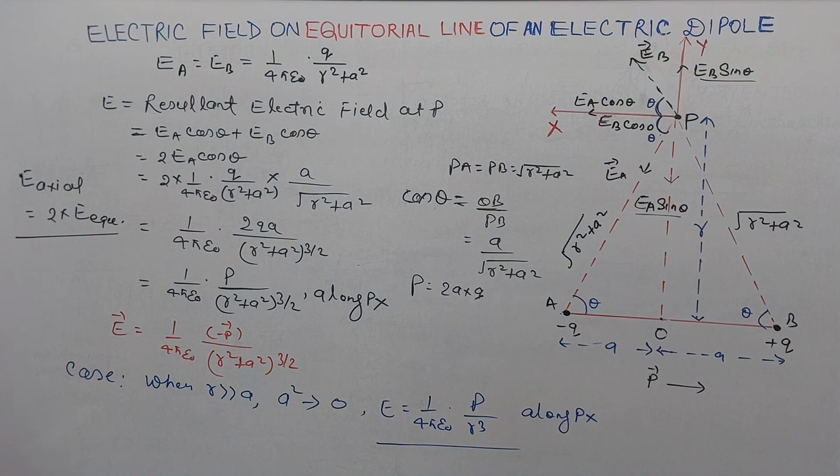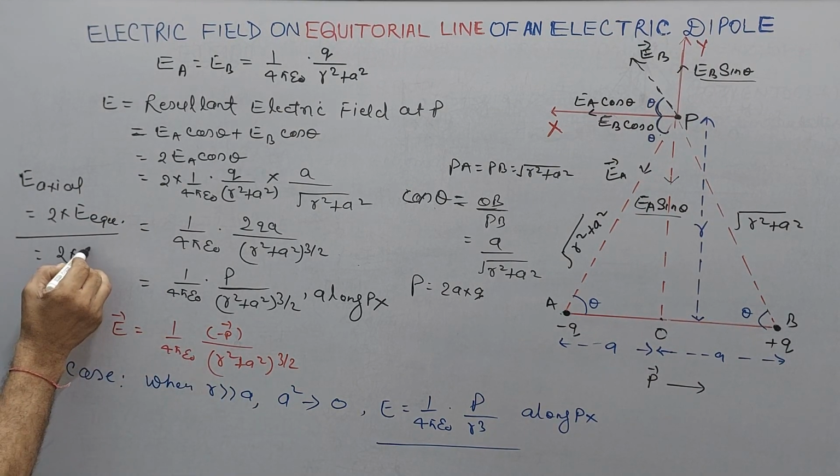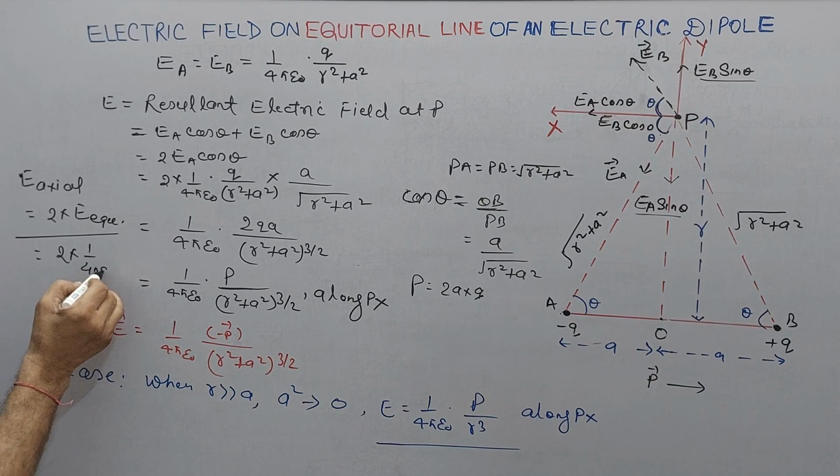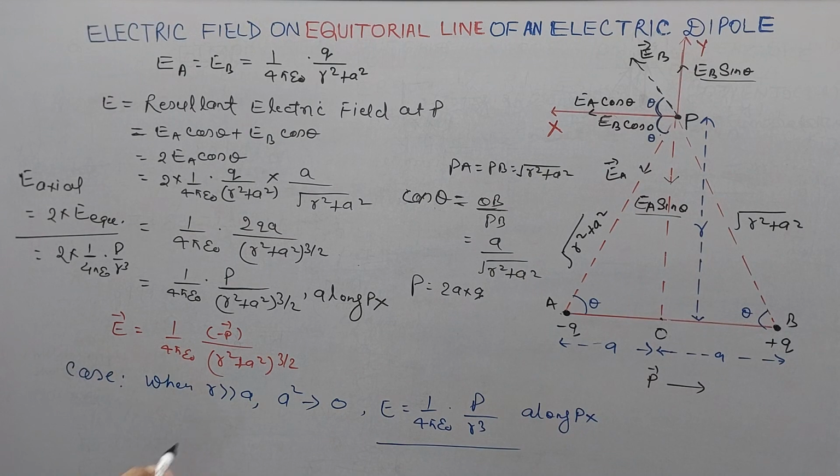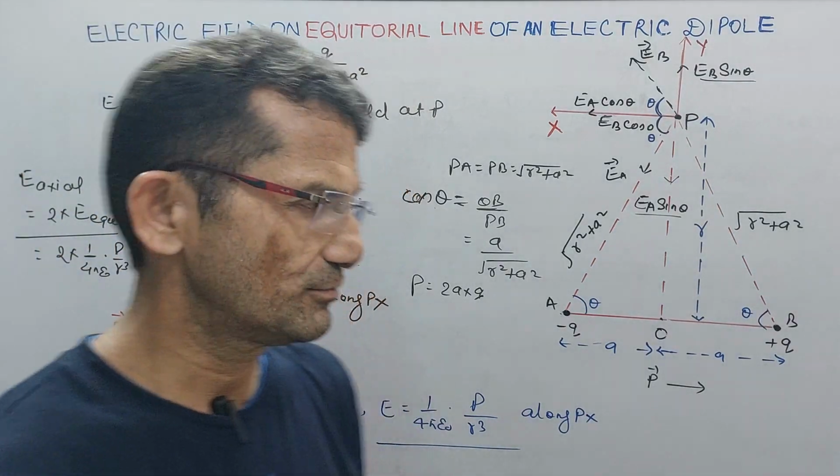So the equatorial value comes out as 1 upon 4 pi epsilon naught p divided by r cube, in this restricted format when r is much greater than a, and the axial value is 2 times that. So this is the second derivation of the electric field due to an electric dipole.